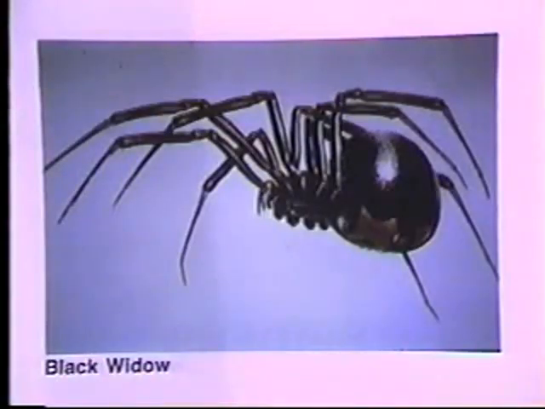The other one that we have is the black widow spider. And with the black widow, of course, they're found outdoors. We don't have too many problems with the black widow spiders anymore because we don't go to outdoor toilets that much anymore. Thank goodness they moved everything inside, so we've eliminated at least the black widow spider. But remember, they have a red, sometimes hourglass shape on the back of it.